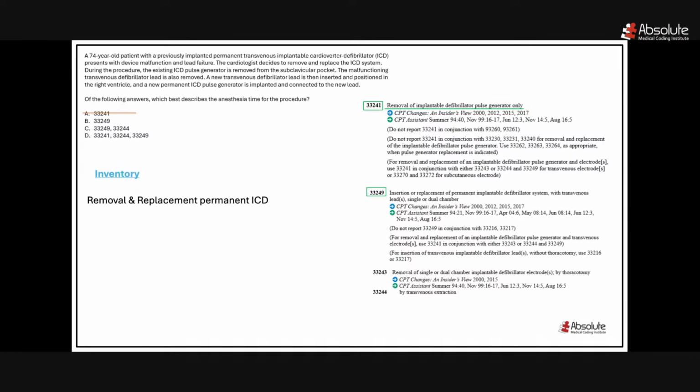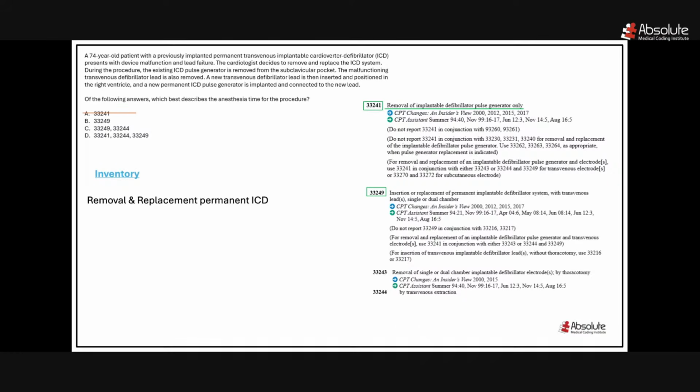Option B is going for 33249, and that is for insertion or replacement of a permanent implantable defibrillator system with transvenous lead, single or dual chamber.